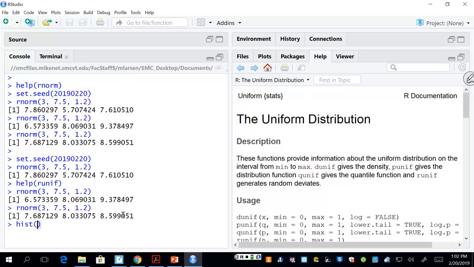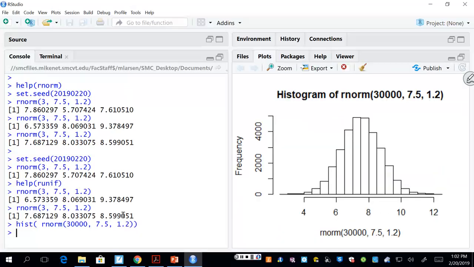But if you did a histogram, say instead of taking 3, you took 30,000 children, with mean 7.5 and standard deviation 1.2, the distribution is going to look roughly normal, because here's a sample from a normal. It's going to be around 7.5, and then plus or minus a couple standard deviations is most of the thing.